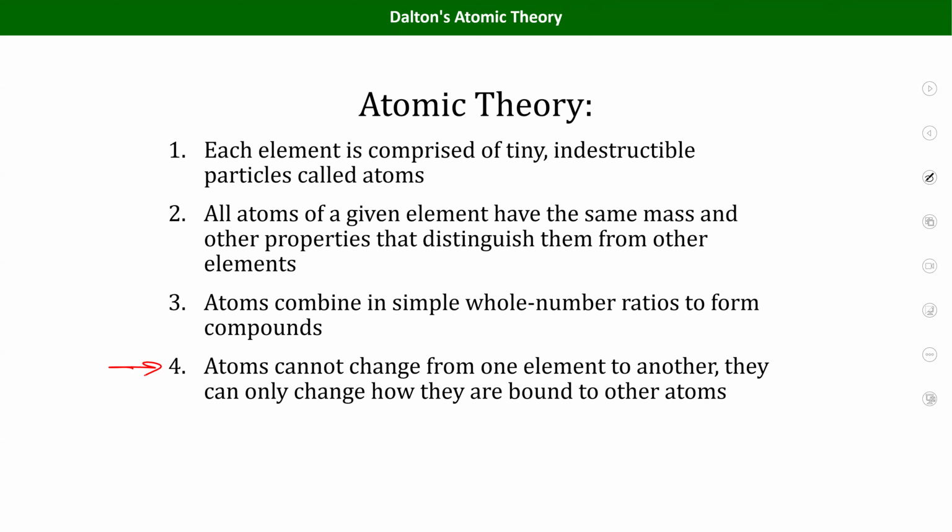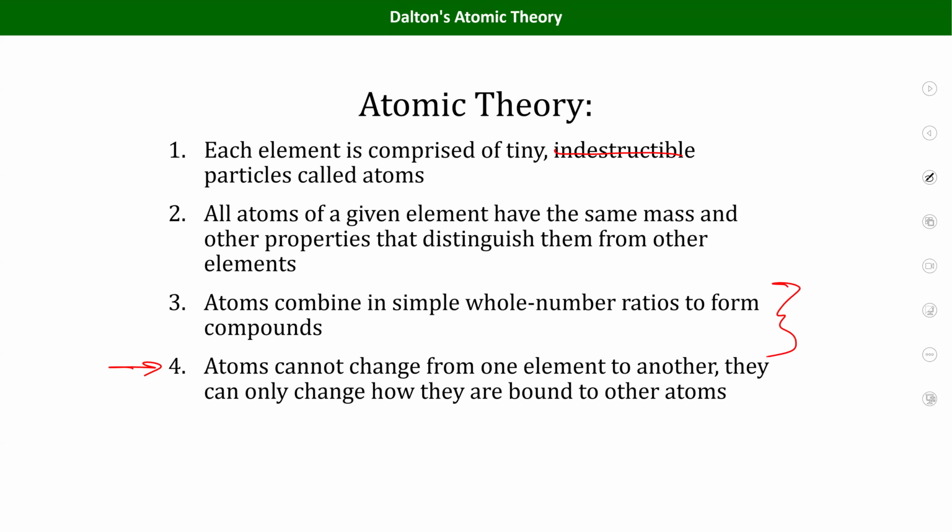So these might need to be amended. They're not really indestructible. It's not true that all atoms have the same mass. We need to get better at defining what an atom is, what an element is. We'll see why some of these other ones come apart, but this is the big one.